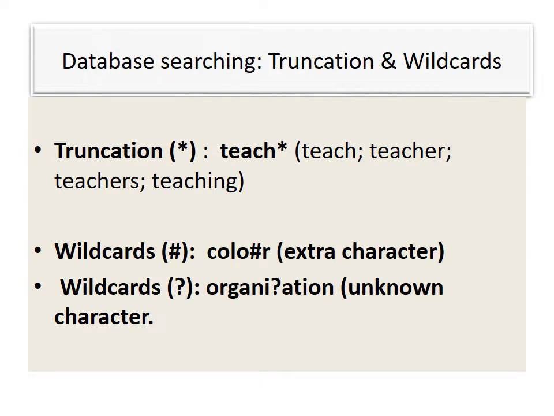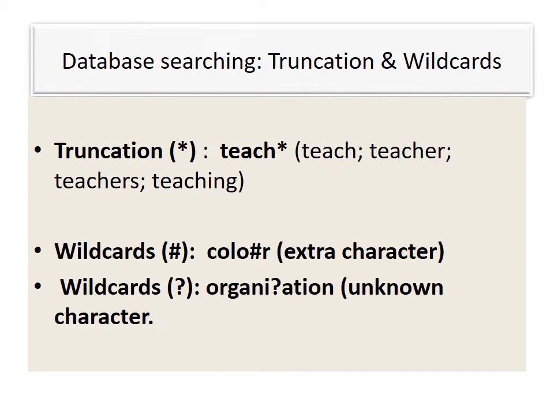Wildcards are represented by a question mark or a hash sign. To use the hash sign wildcard, enter your search terms, adding the hash in places where an alternate spelling may contain an extra character. The computer finds all citations of the word that appear with or without the extra character.